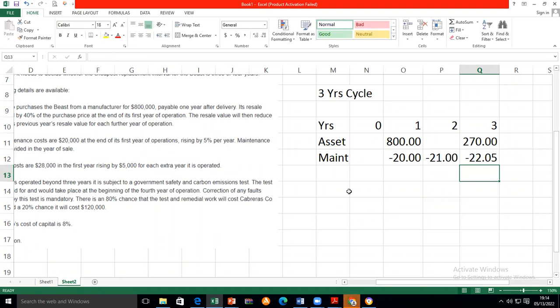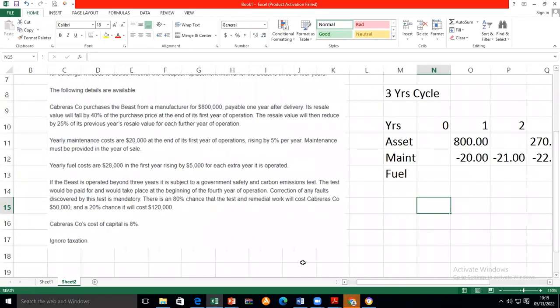Is there any other cost? We have fuel cost. Excellent. What have they told us about fuel cost? In the first year, it will be how much? Your fuel costs are 28 in the first year and rising by 5% for each extra year it is operated.